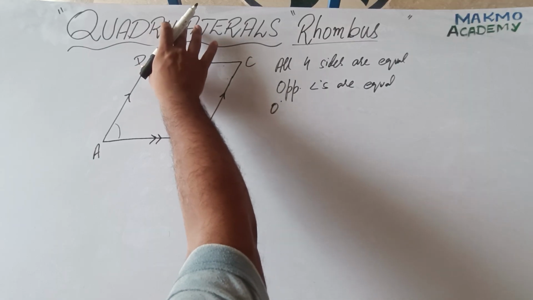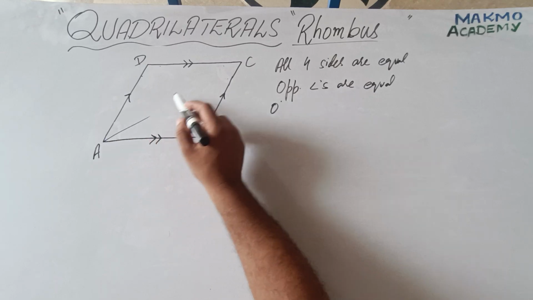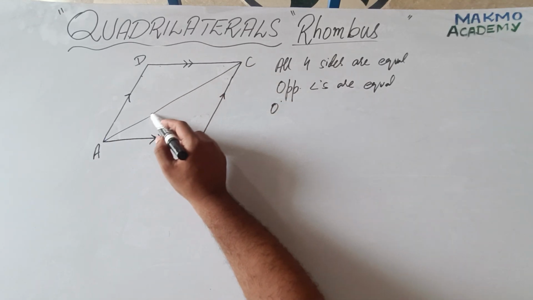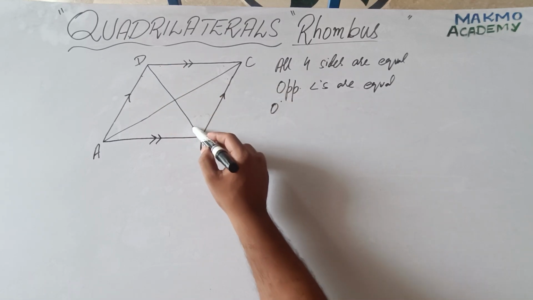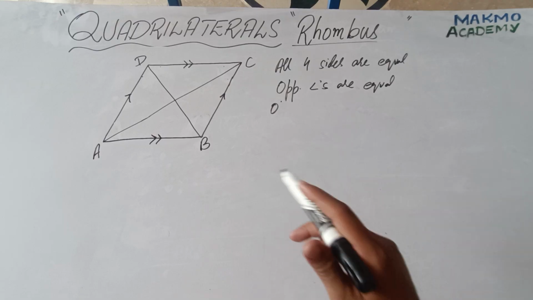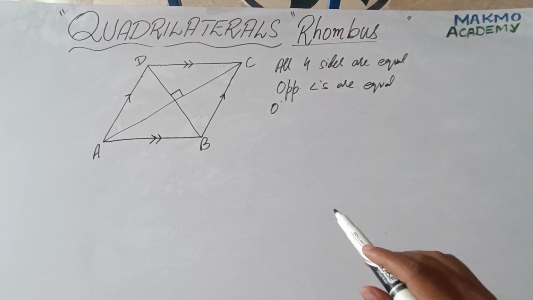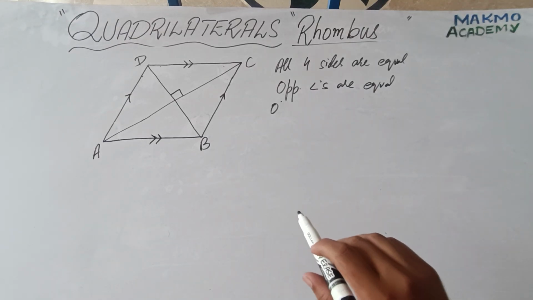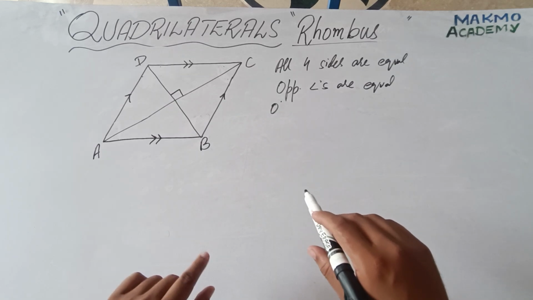Now let's discuss the property of diagonals. Diagonals bisect each other at 90 degrees. This is very important. And diagonals bisect each other as well.